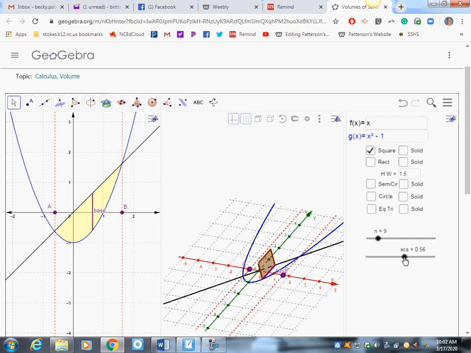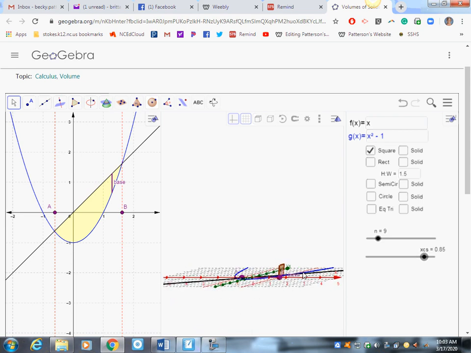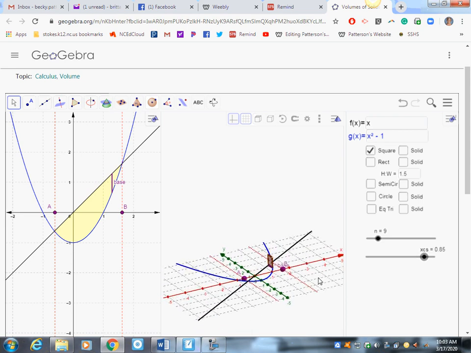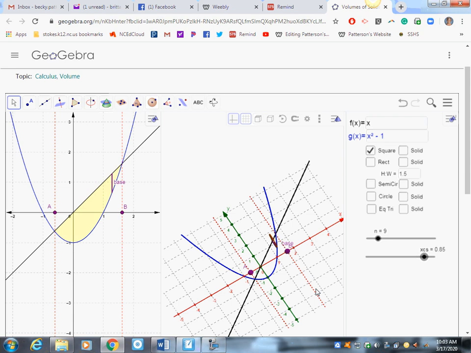Okay, now watch. I'm going to slide the square down my shape. Now the base of my square is way up here where the length of the square is going to be smaller. If you look, you'll see I've got a smaller square. It's still vertical, it's still sitting on top.